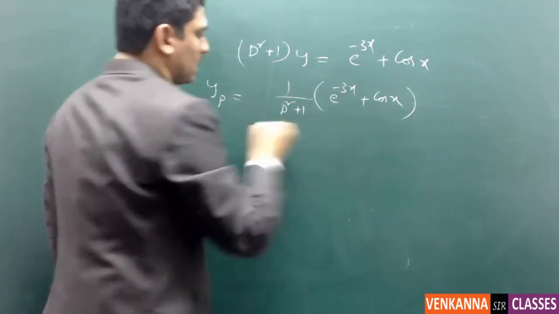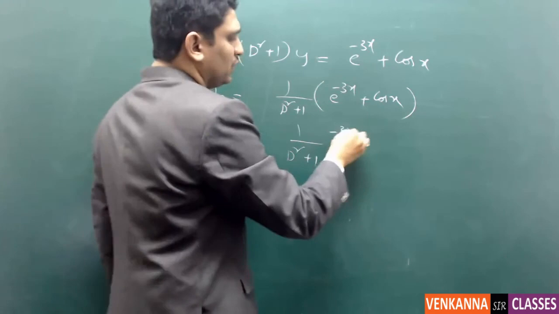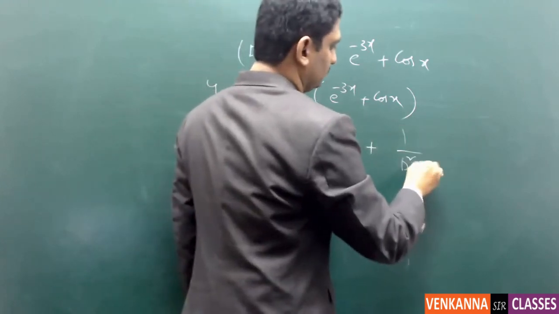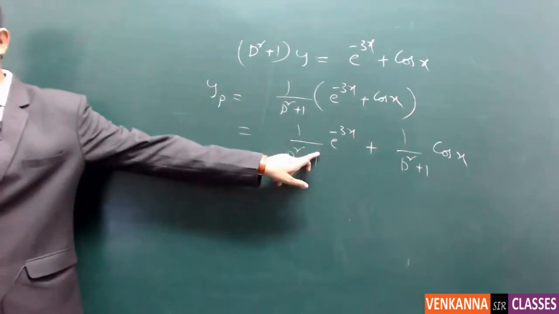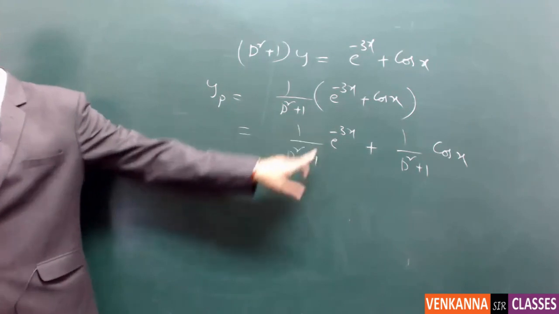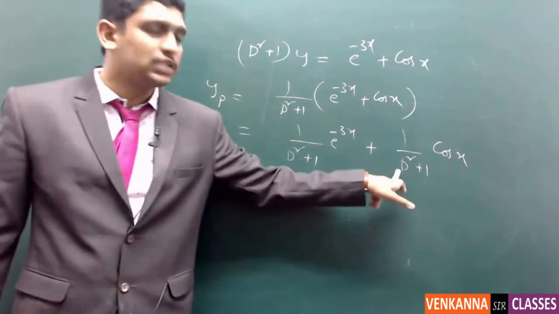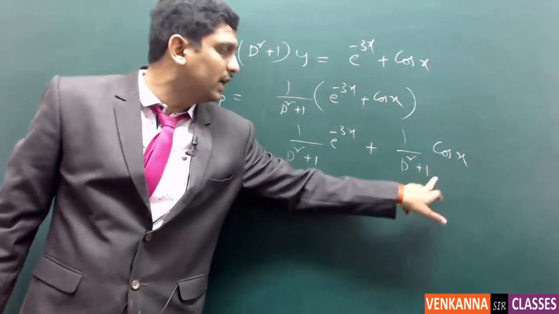So apply the methodology of each function individually to the denominator. So for this, we will apply the methodology of e power ax, which is studied in the previous class. For this, we apply the methodology of sine or cos, which we have learned now.